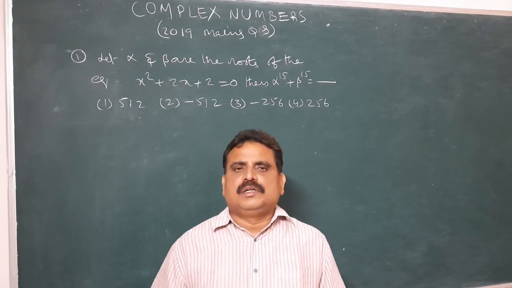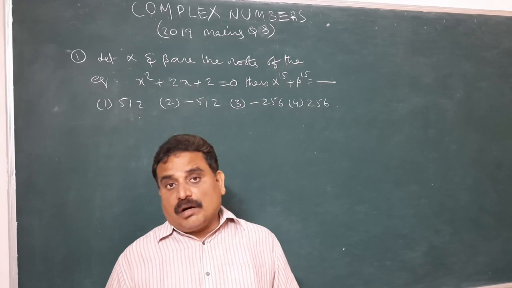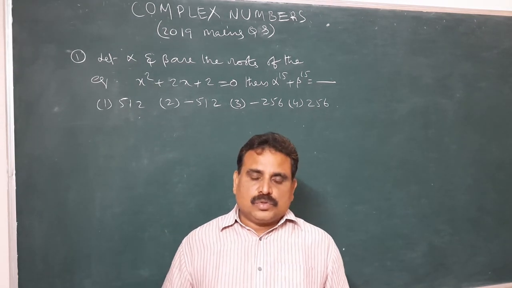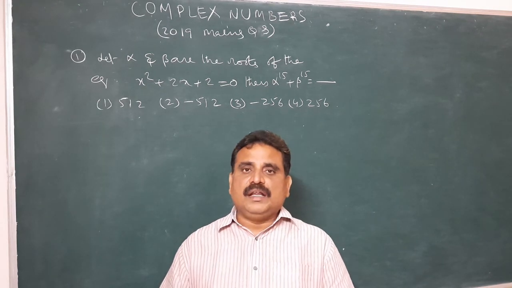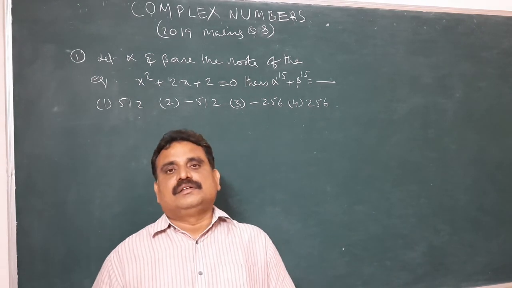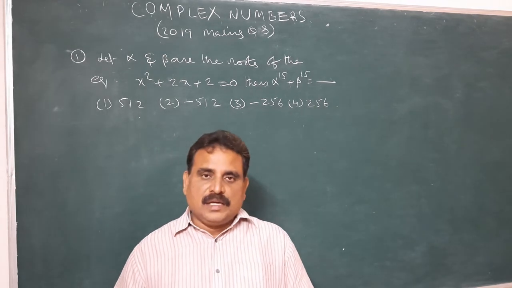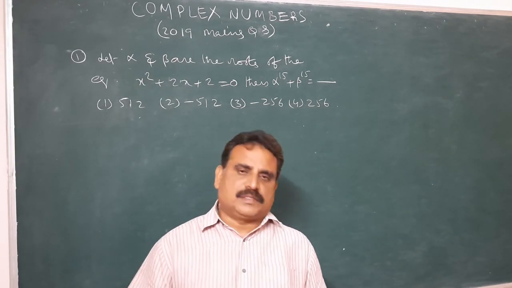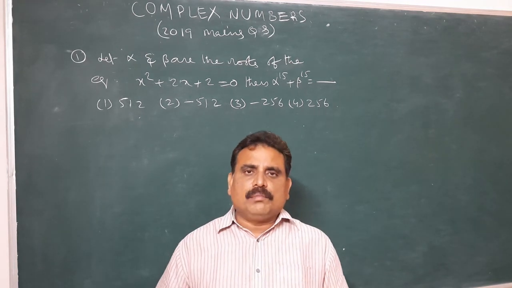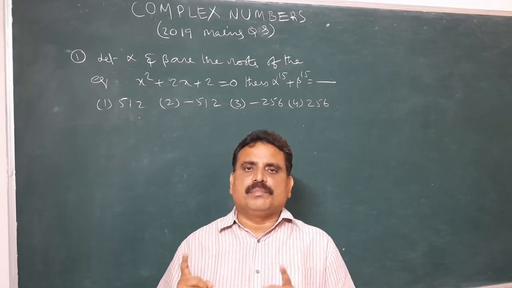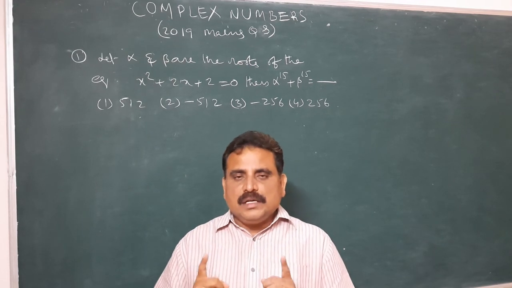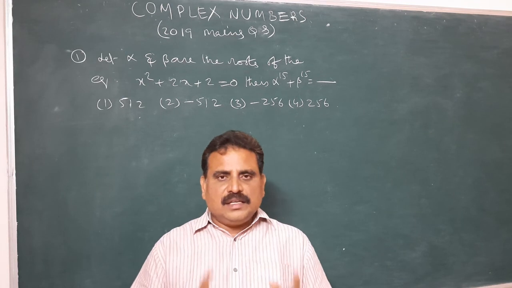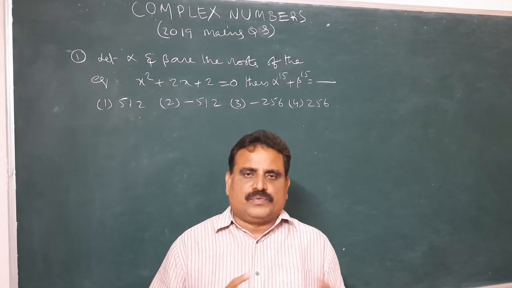So totally in January 8 online papers and December 8 online papers. So total number of papers released in 2019, 16 papers. Every paper contains one question from complex numbers. So total number of questions are 16 in complex numbers in 2019. Now we discuss these 16 questions in this video.